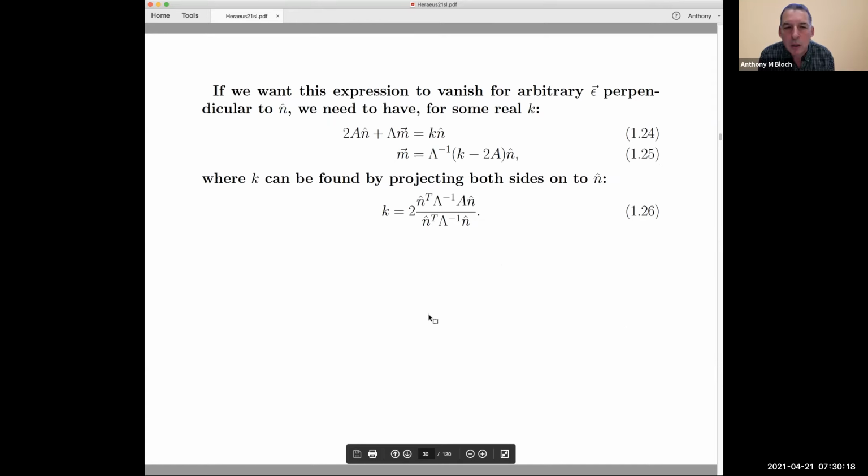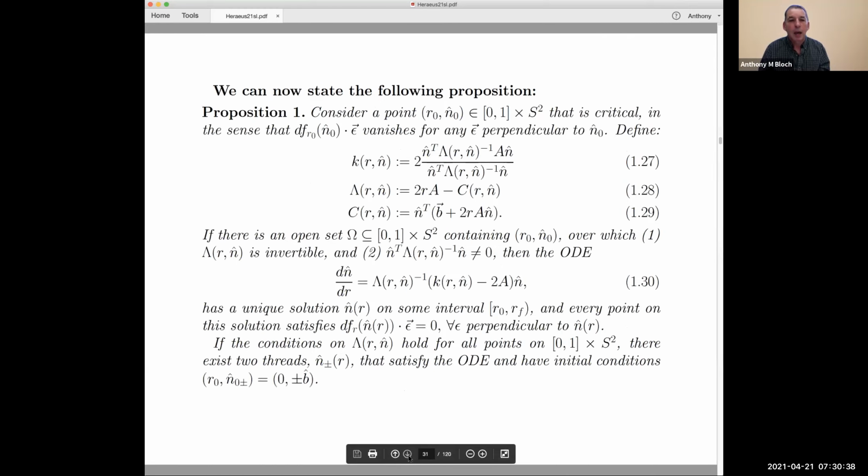You want this to vanish for arbitrary epsilon perpendicular to n, and you can find a nice explicit solution just by projecting both sides onto n hat. Basically that's it. It's just a calculation to get the maximum value for f. And we can come up with this little proposition here.